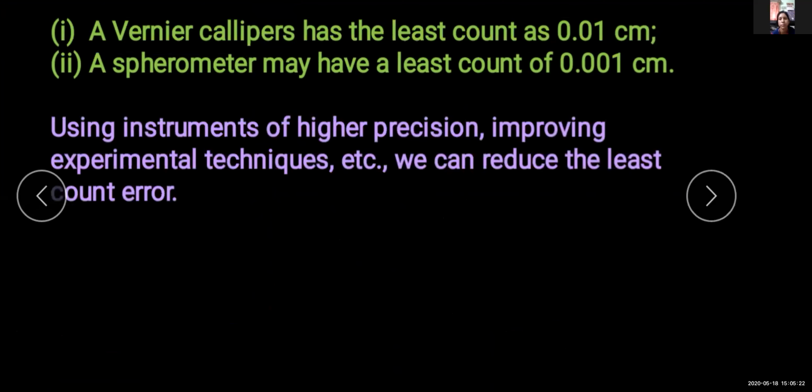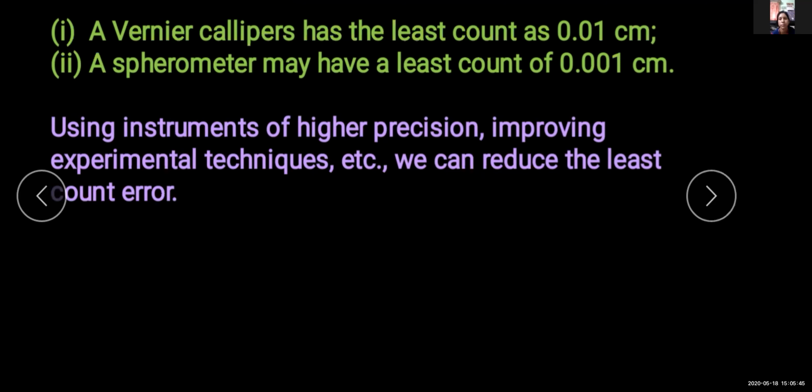Using an instrument of higher precision and improving experimental technique, we can reduce the least count error. How do we reduce the least count error? By using an instrument of higher precision. We have already discussed this topic, precision and accuracy.